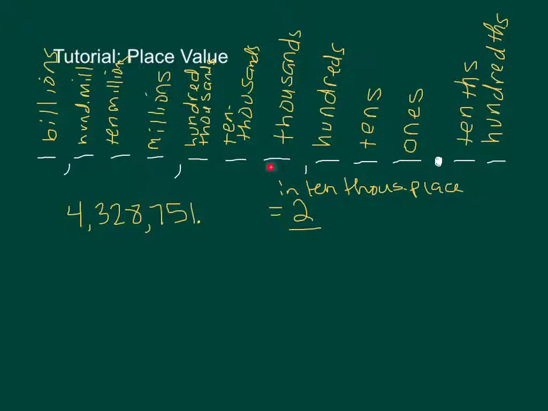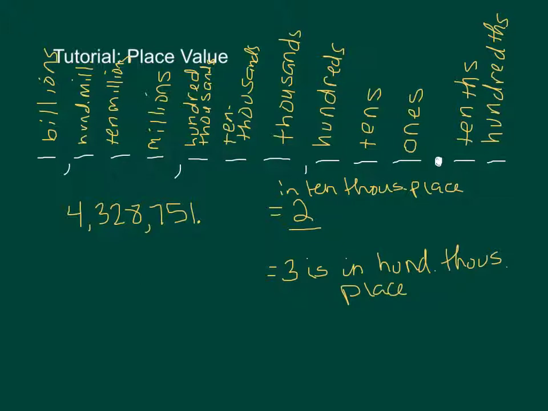Then you've got the thousands section here, and here's the 3. He's all the way over in the hundred thousands section, on the hundred thousands place. So for that one, 3 is in the hundred thousands place. And that would be the answer to that.